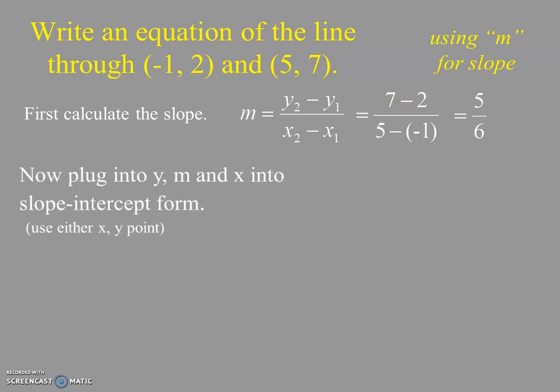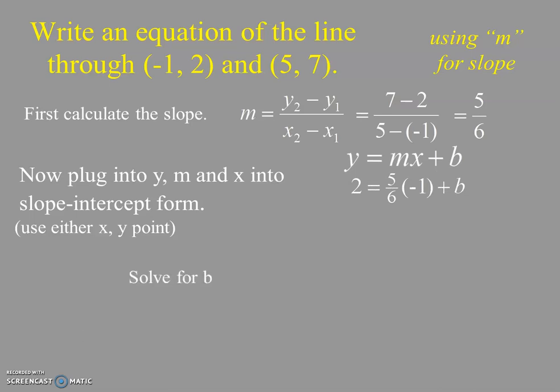Now we take the form y equals ax plus b, and we're going to plug in an x, a y, and an m. Now it doesn't matter which x and y you use. In this case, I'm just going to use the first point, -1, 2, and you put those in place, and you're going to solve for b. So same deal as before. Don't get bothered by the fraction. Just bring it to the other side. Use your ABC button on your calculator to determine the value of b.